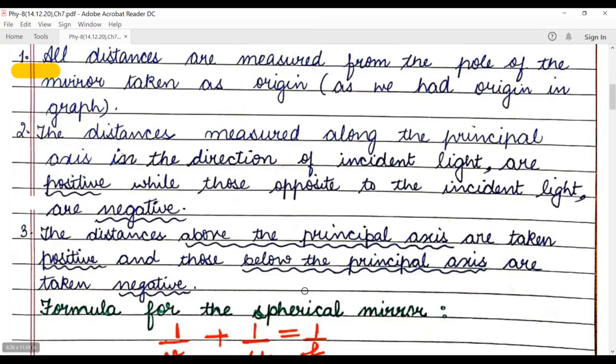Suppose I have drawn a concave mirror such that its outer end is silvered while the inner end is polished, and I draw a principal axis. Now if a ray is incident on the concave mirror, the direction of the incident ray is towards the right side.